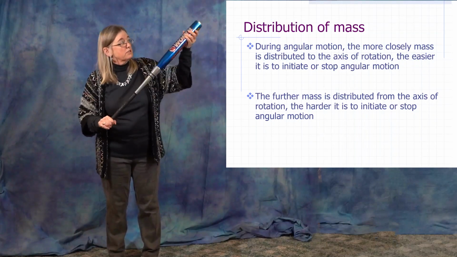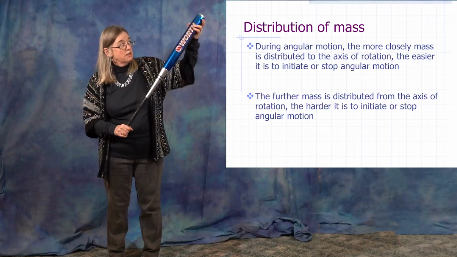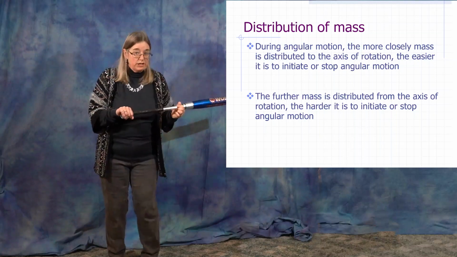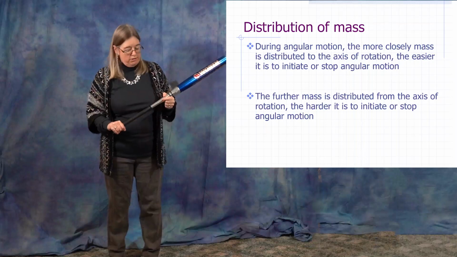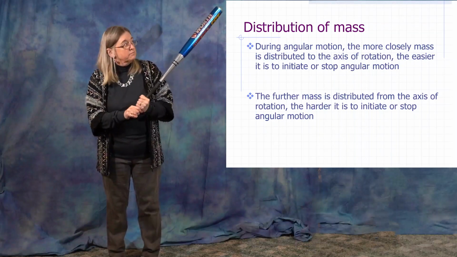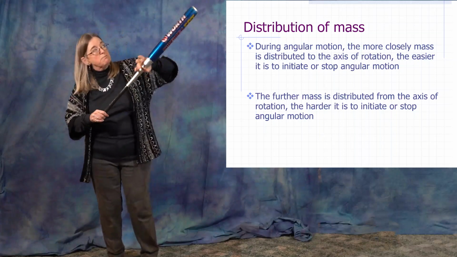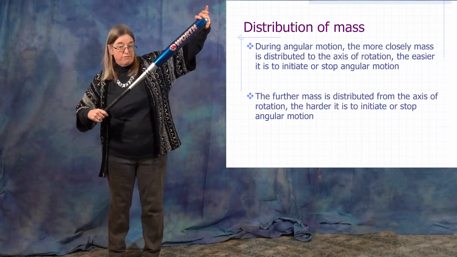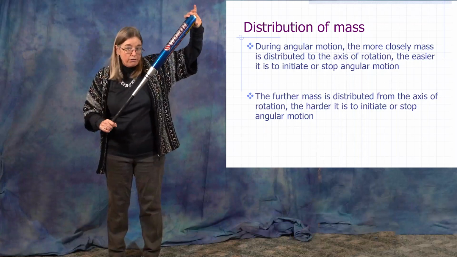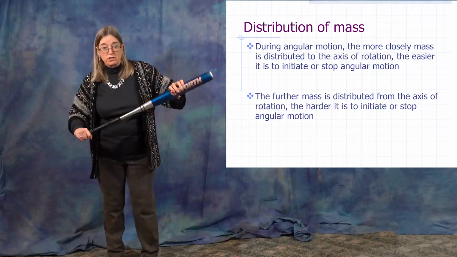The farther it is from the axis of rotation, the harder it is to initiate or stop angular motion. So if I'm holding it here, and you can see most of the mass is down at the far end of the bat, it's going to be harder for me to get it started or to stop it.